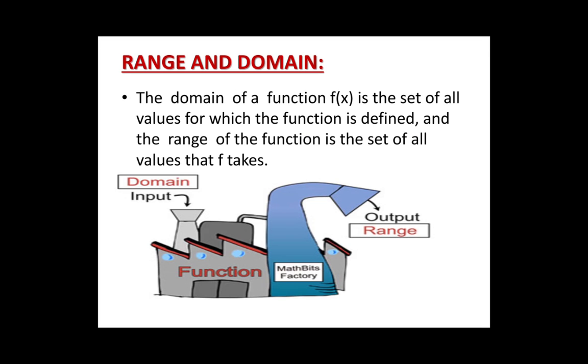Now the next concept is range and domain. What is range and what is domain? So the domain of a function f of x is the set of all values for which the function is defined, and the range of the function is the set of all values that f takes.